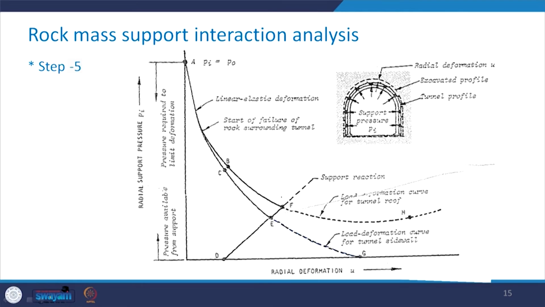This one is for the side wall and this one is for the roof, like this. But since we have installed the support system, these have got restricted here with the help of the support reaction. But in the absence of the support, this ground reaction curve is going to follow this path EG and FH for the side wall and for the roof respectively.